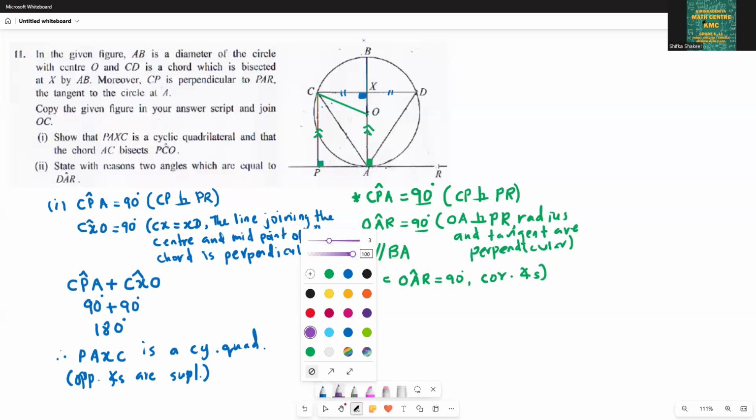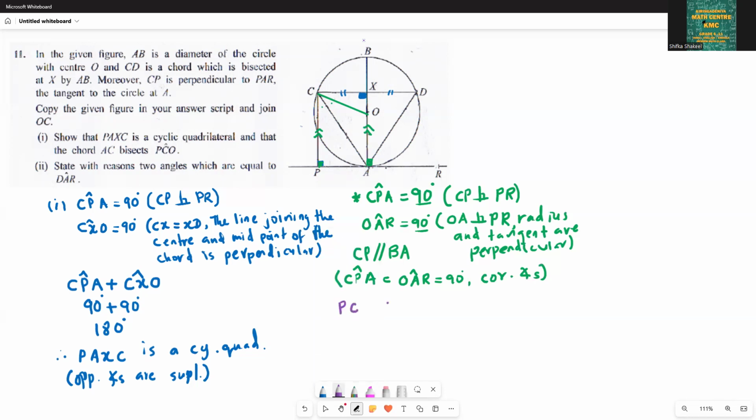Moreover, we can write PCA equals CAO. This angle PCA is equal to CAO. Why is that equal? Because they are alternate angles.